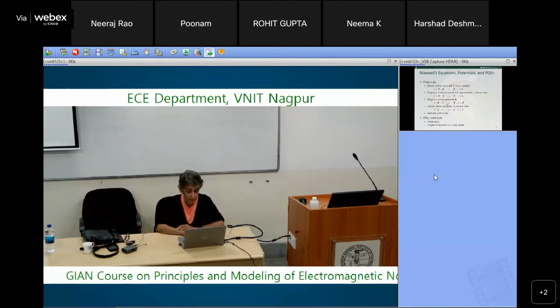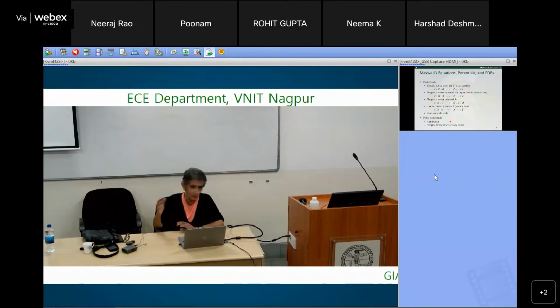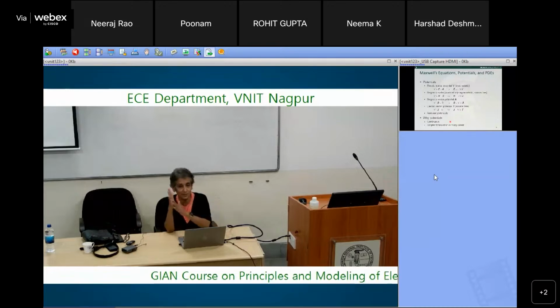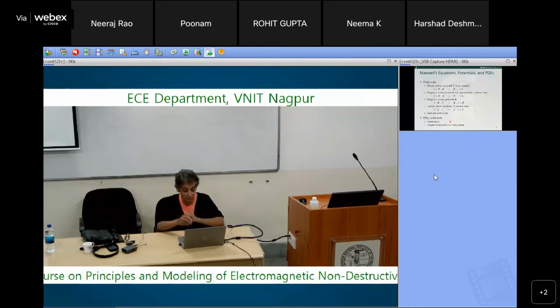The same thing, you can either solve for B, or from B we have the magnetic vector potential. And with J, you can have the electric vector potential. Again, all these are fictitious quantities, but mathematically they provide you a tremendous amount of convenience. So why do we use potential? These are continuous values, whereas fields have to satisfy the interface condition: the tangential component is continuous, but the normal component is discontinuous and all those things.